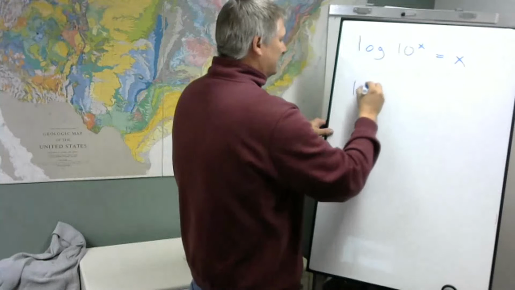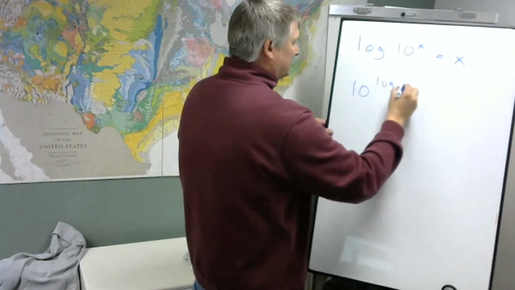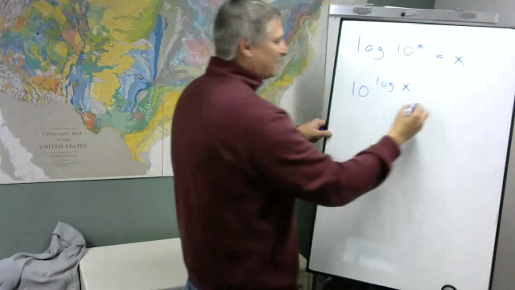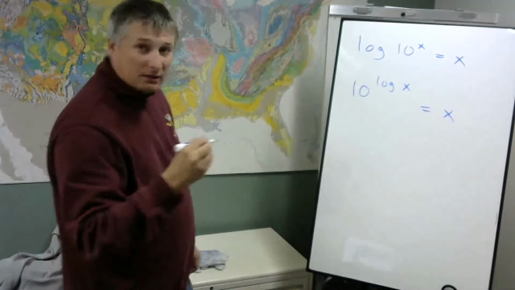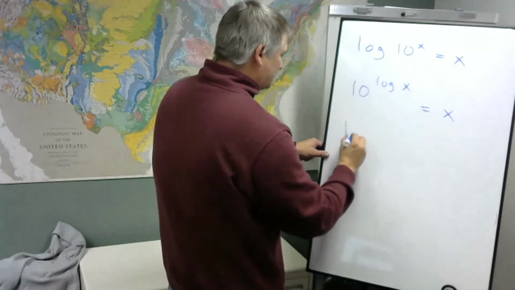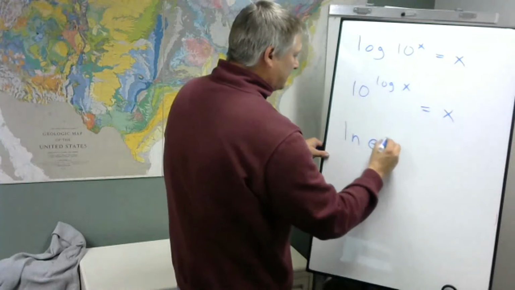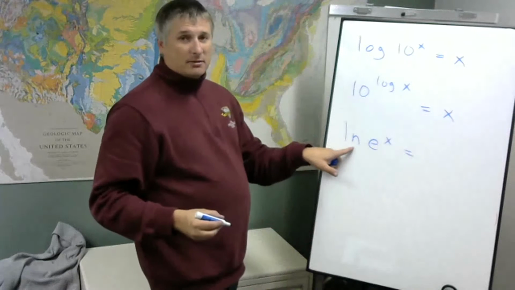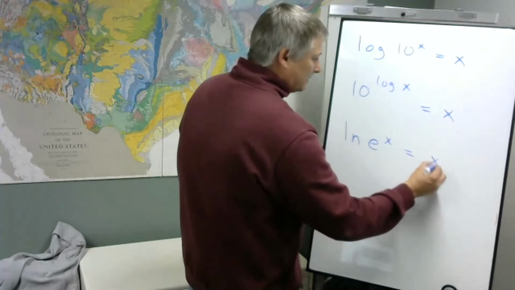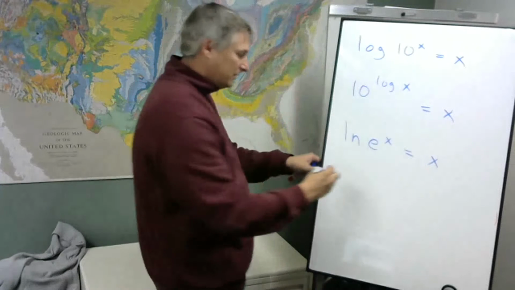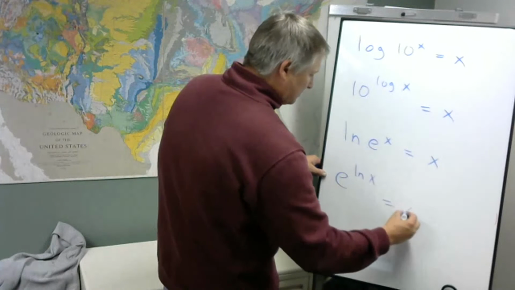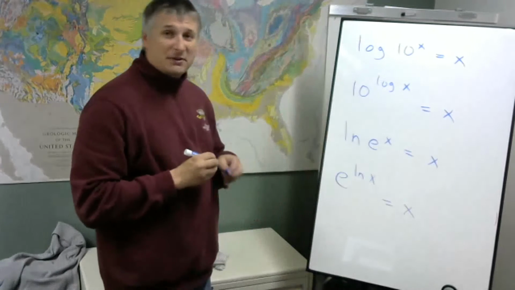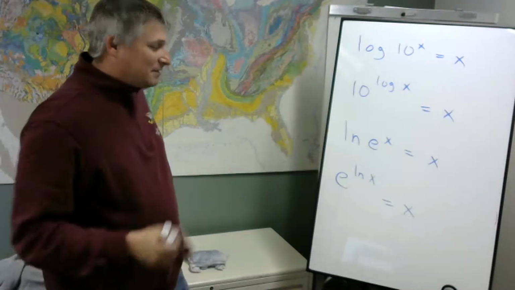And 10 to the log of x, again log base 10, also just gives us x. Likewise, the natural log of e to the x, because this is log base e, will just give us x. And e to the natural log of x will just give us x. And that's it.